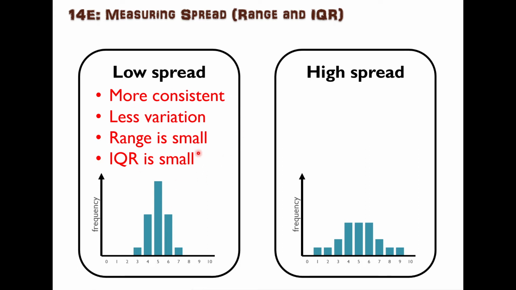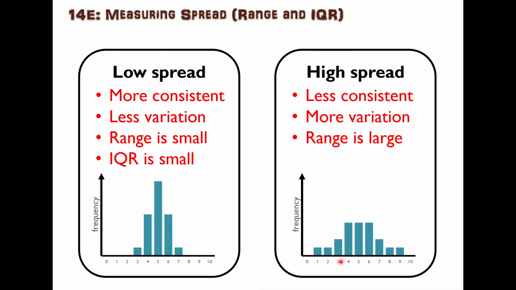These are all hints that there is low spread. But maybe the results might have higher spread, like that more dangerous drug, where they're more spread out. It's less consistent, sometimes it's really large, sometimes really small. There's more variation, different ways of saying the same thing.